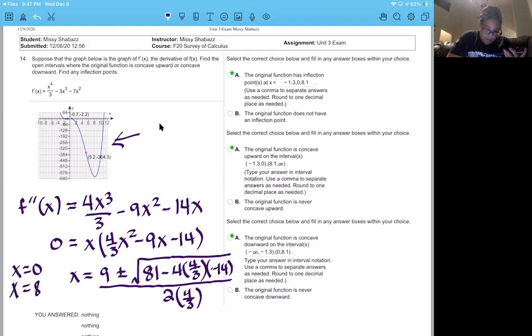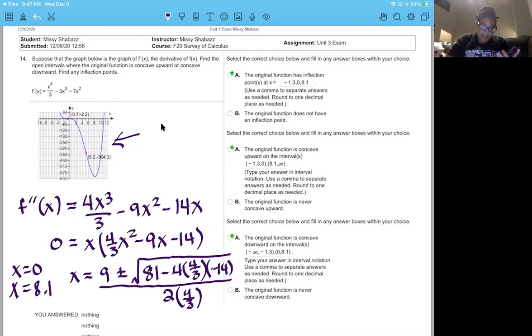Now I need 9 minus the square root of 81 plus 16 times 14 divided by 3, times 3 divided by 8.